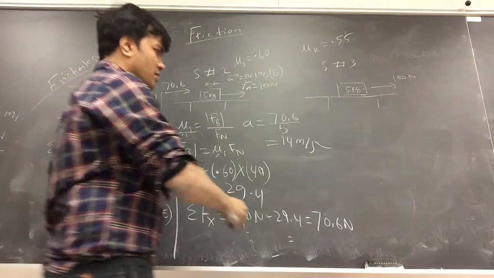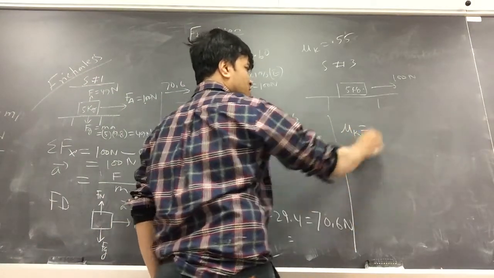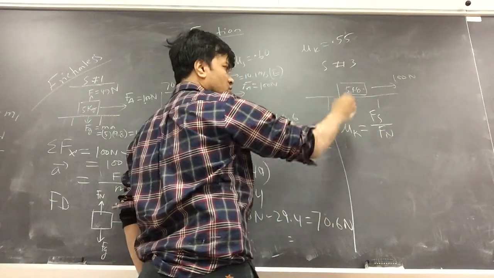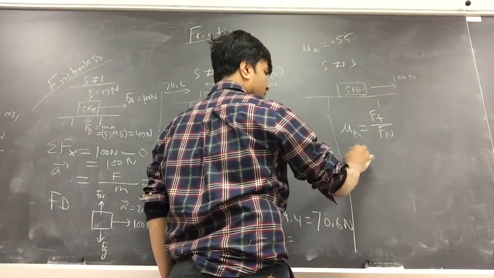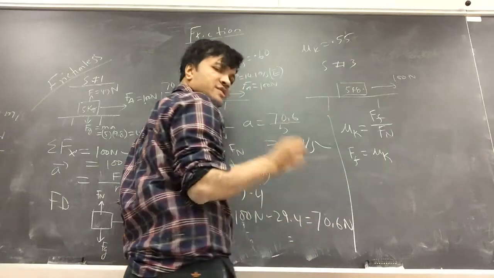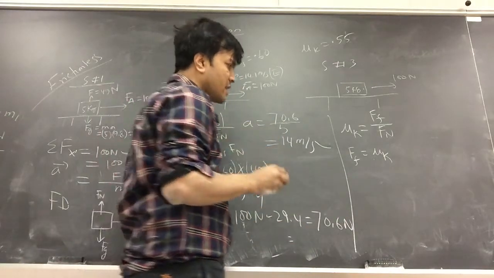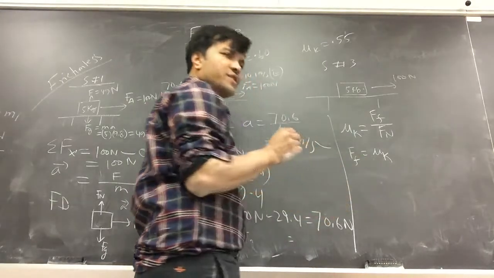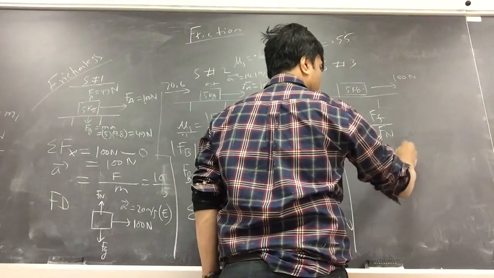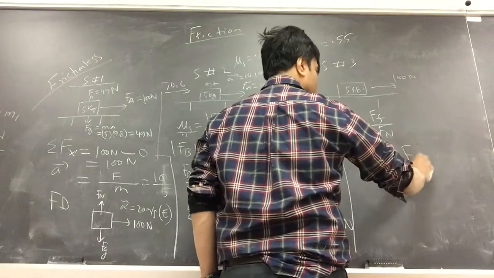Now we're going to do the other problem. The kinetic friction is the ratio of friction and the normal force. Now we're going to do the cross multiplication. So friction is mu sub k, the coefficient of kinetic friction, times the normal force.